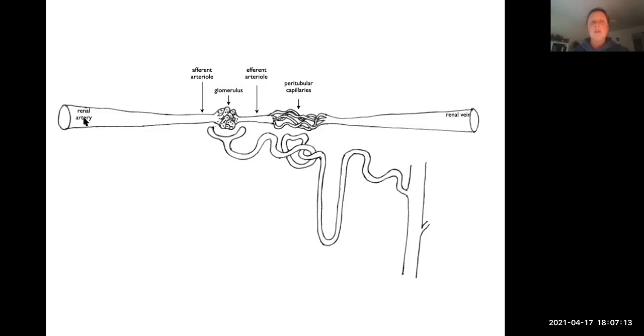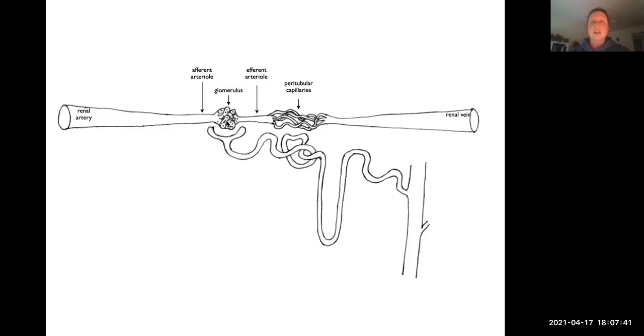So we have the renal artery, and it's not labeled here, but that branches into the segmental arteries, the interlobar arteries, the arcuate arteries, the interlobular arteries, and then it finally reaches this structure which we talked about called the afferent arteriole. The afferent arteriole carries the blood to the glomerulus, which is a very extra leaky capillary bed.